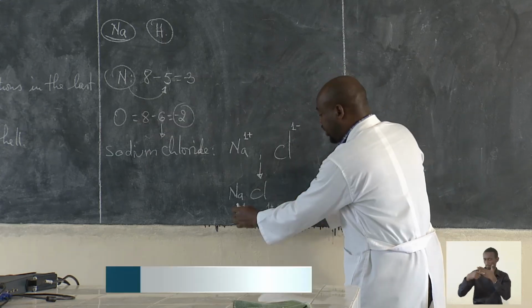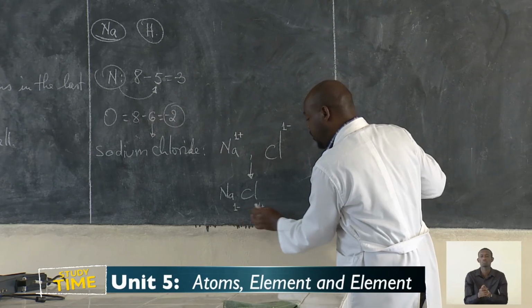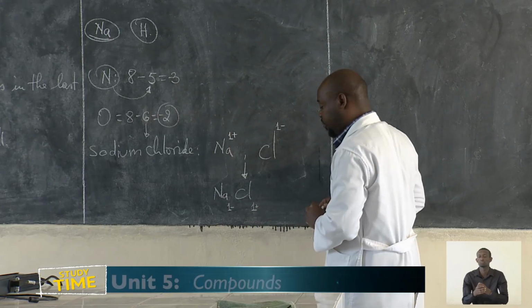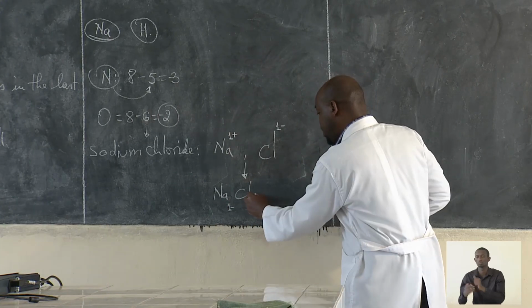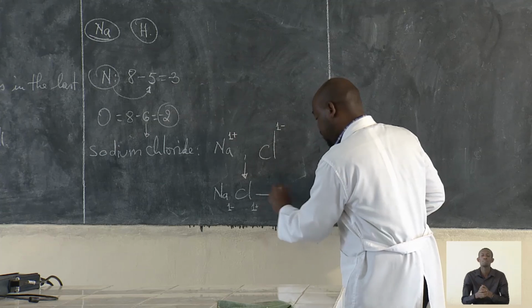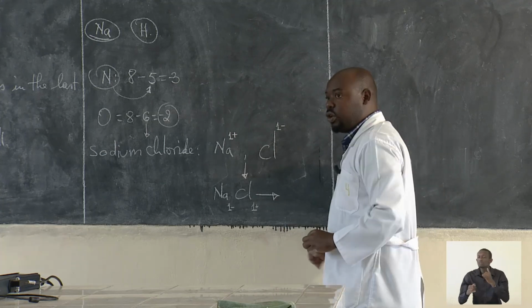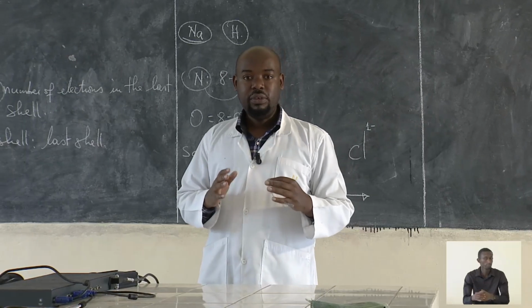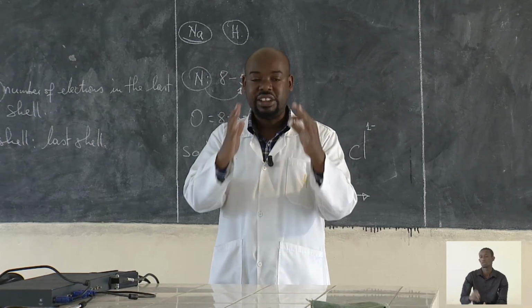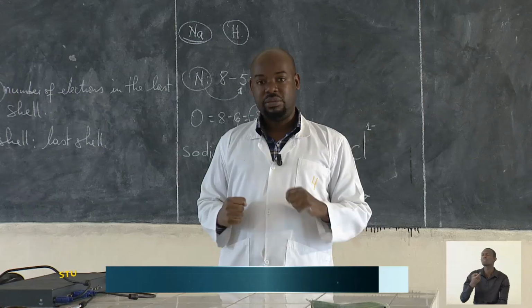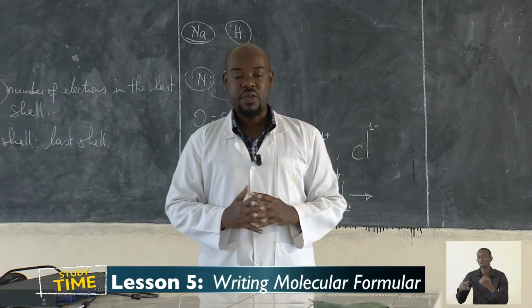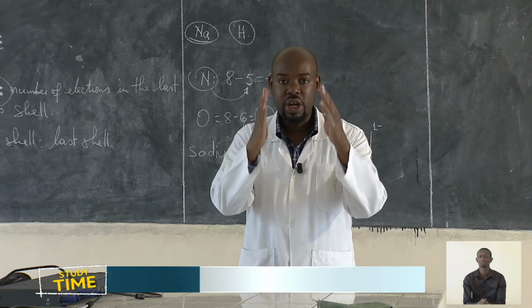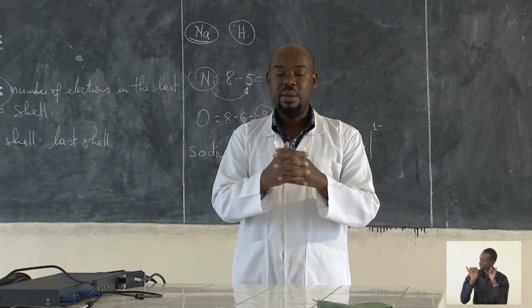We have interchanged the valences and written them as subscripts after each symbol. And how do we get the final molecular formula? You have to check if the valences are similar, you remove them. But if they are different, you cannot remove them. They should stay there in the molecular formula.